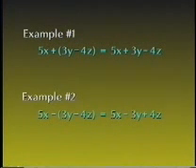First, +(5x + 3y - 4z) equals 5x + 3y - 4z. Second, -(5x - 3y - 4z) is reduced to -5x + 3y + 4z.